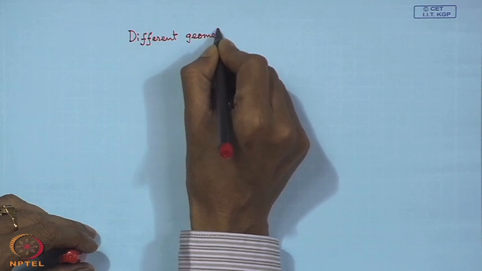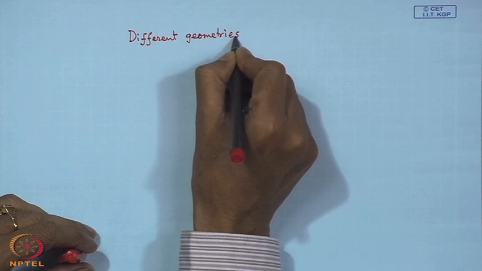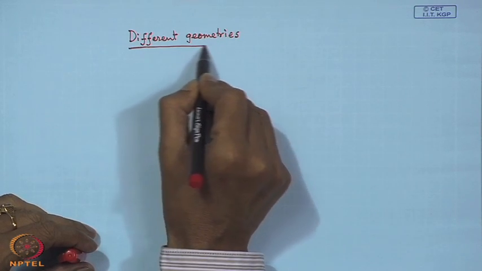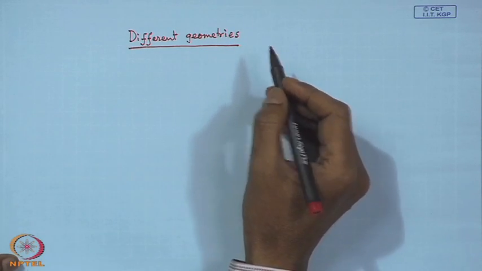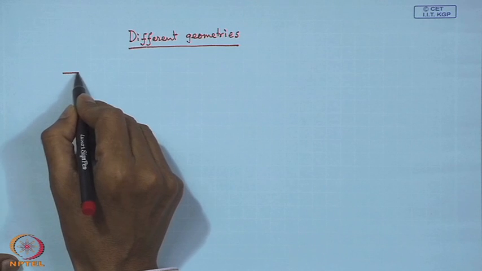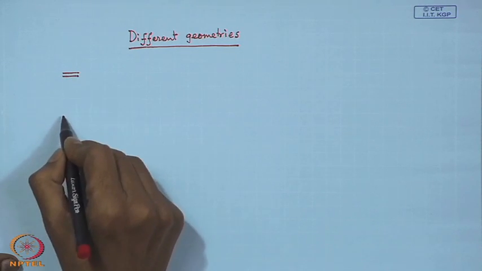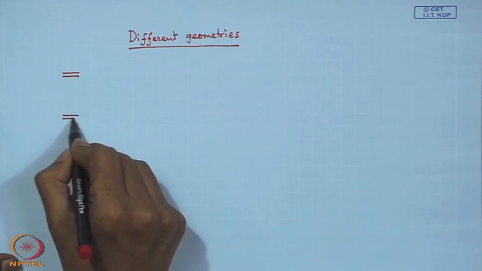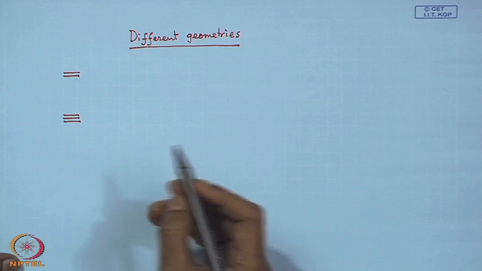So, the next part of this class on bonding, we'll see how the different geometries can affect the corresponding d orbital ordering in a particular crystal field.